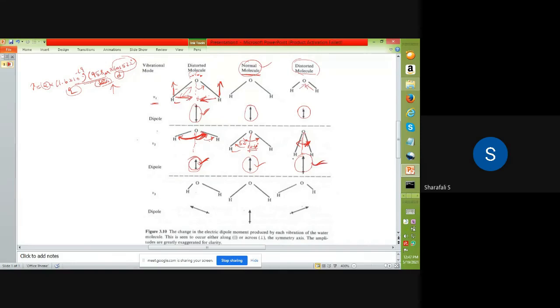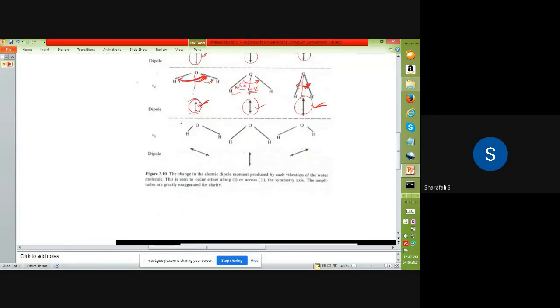And in the third case, we have asymmetric stretching, and we'll have a complicated dipole moment because we have to consider the direction also.